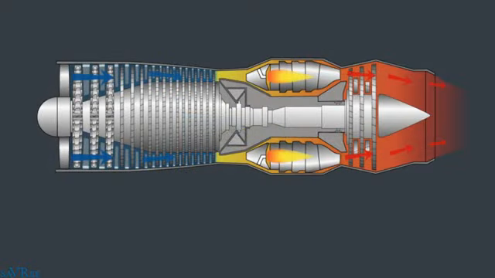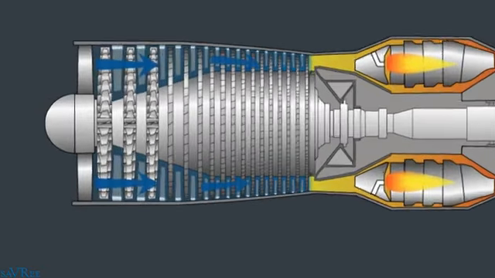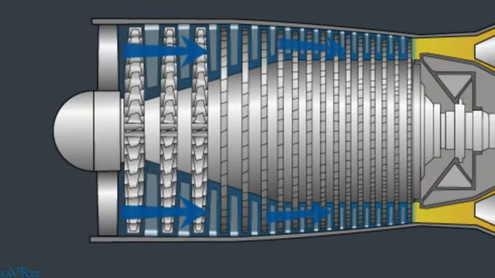So what's happening? We're drawing air in on the left through our air inlet, we're compressing the air, we're increasing its pressure, increasing its density and temperature as well.